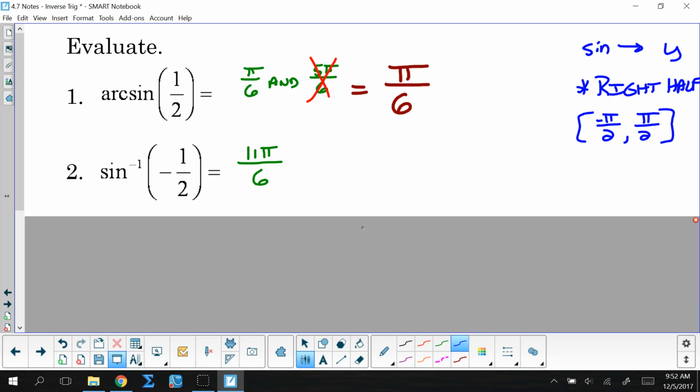What can I give in its place? Negative pi over 6. I'm on the right half, and I'm in that range.